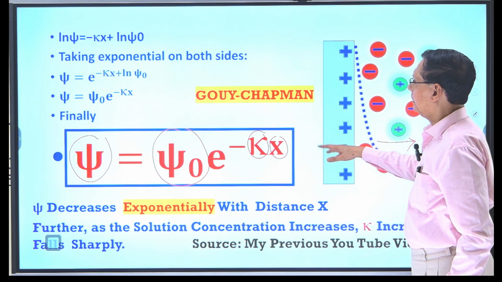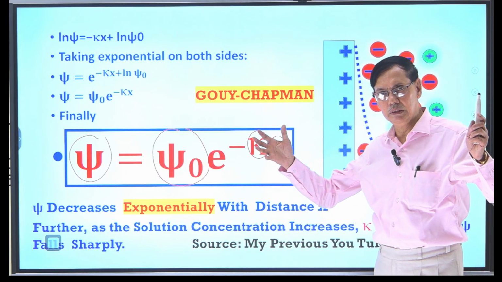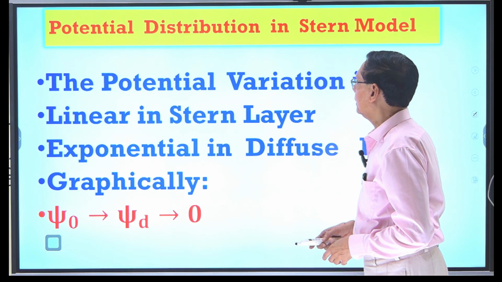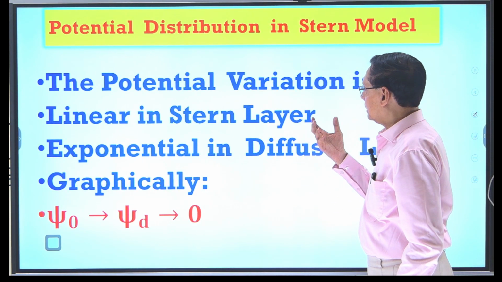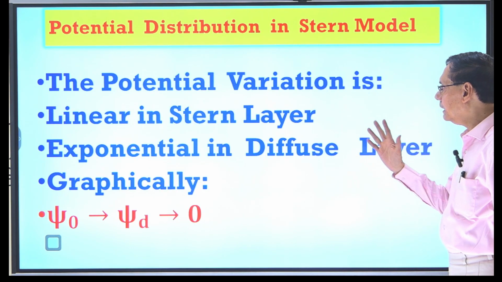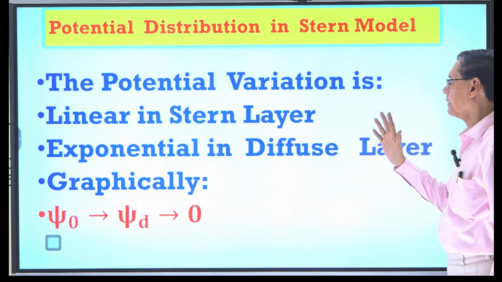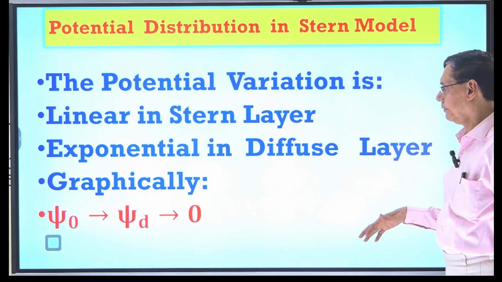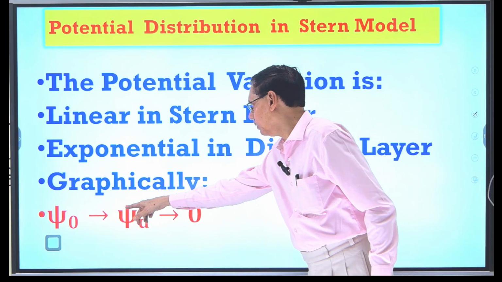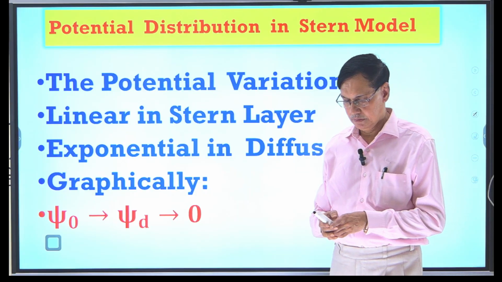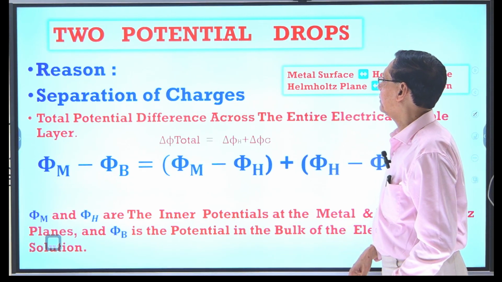So you can get it. Now I just mix these two things, the last derivation. So when I discuss the potential variation, it is linear in the Stern layer and exponential in the diffuse layer. So graphically you know that psi 0, psi d, ultimately it is 0. That is the thing.